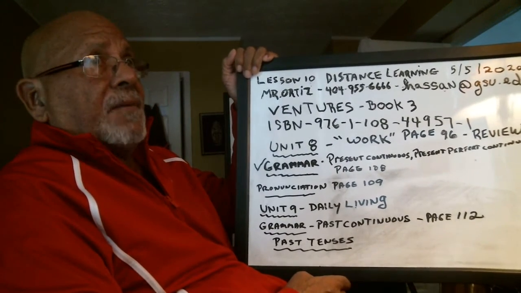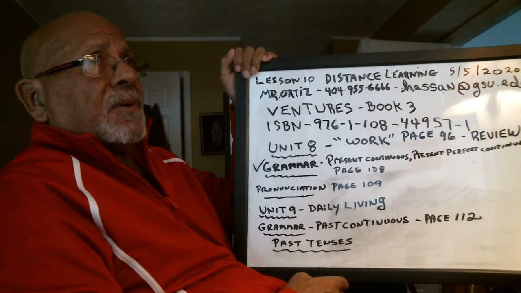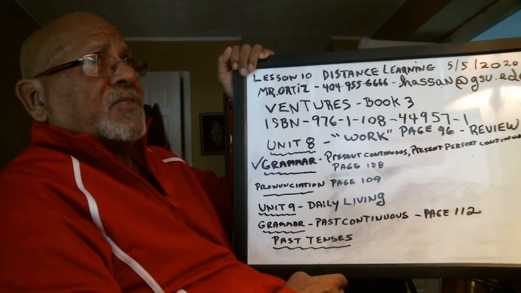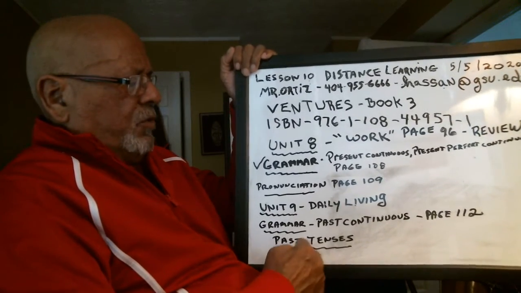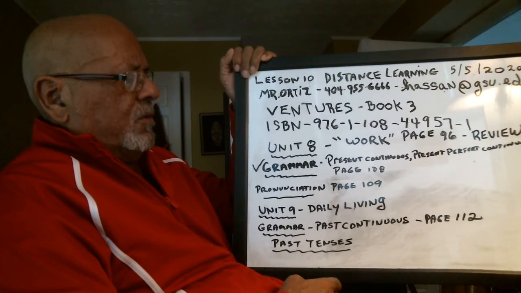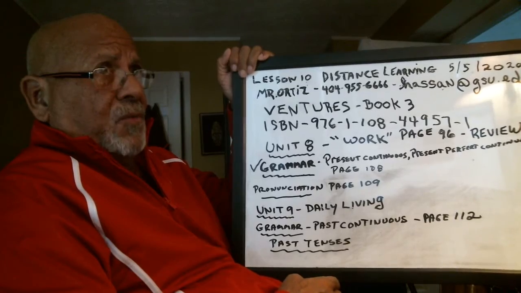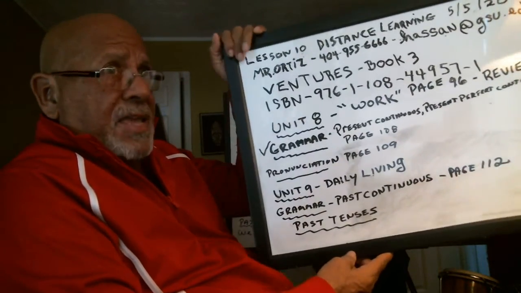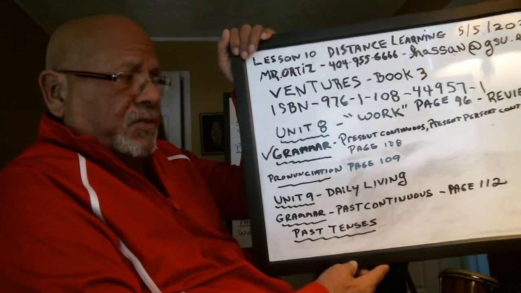But last time I taught you all the 4 present tenses. So today I'm going to teach you the past tenses and the future tenses also. Okay? So we're going to learn about tenses. We're going to learn all 12 tenses today.